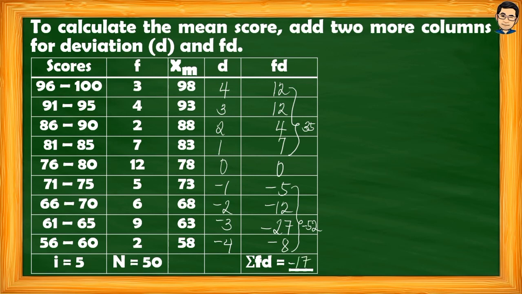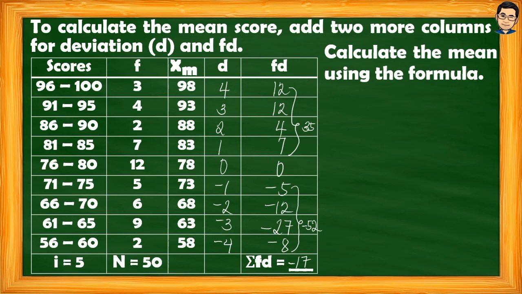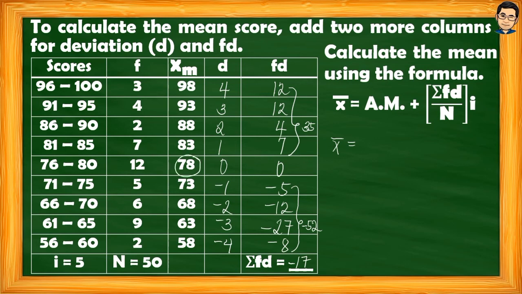Now we can apply the formula. In the assumed mean method, what we use is the class mark. The class mark of 76 to 80 is 78, so that is what we will use.